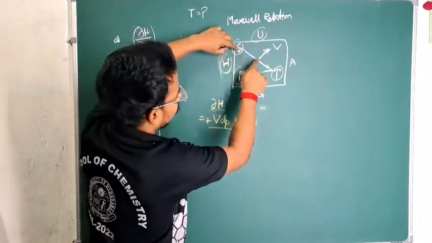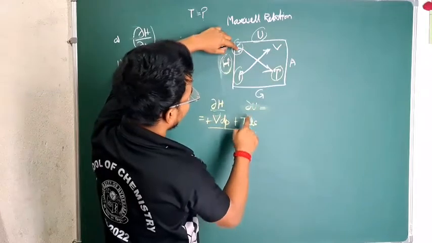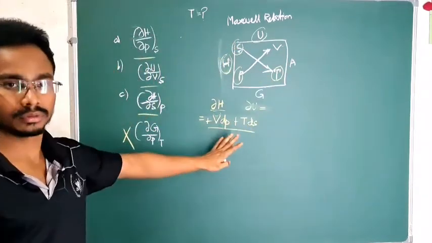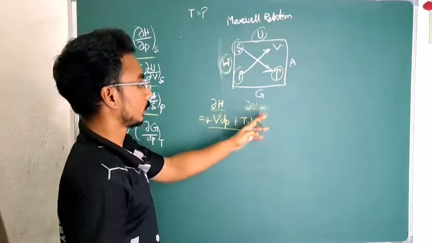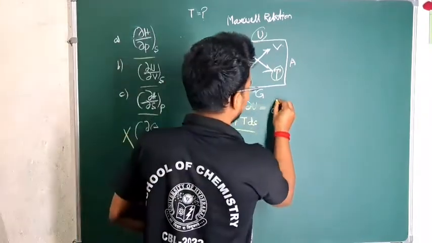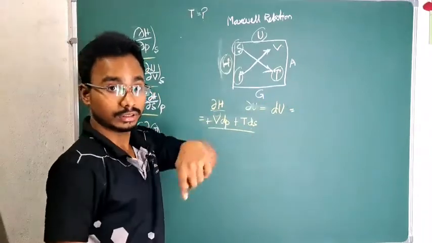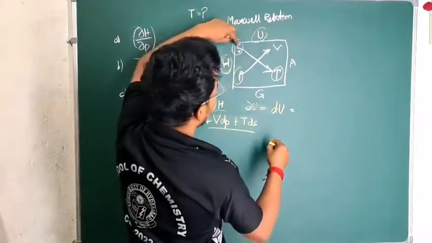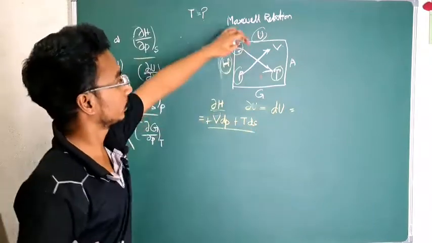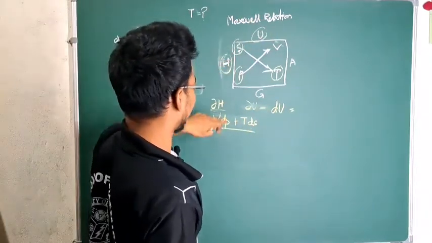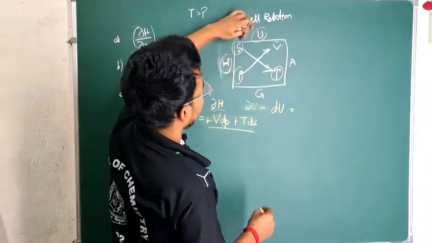As it is going to T, I wrote T, and as P is related, so V. I am solving this so you can understand easily. For U, just write that in the comment section. U is related to S and V, as I told, it is near S and V. Here delta H is related to S and P, so dP and dS, so here dS and dV.